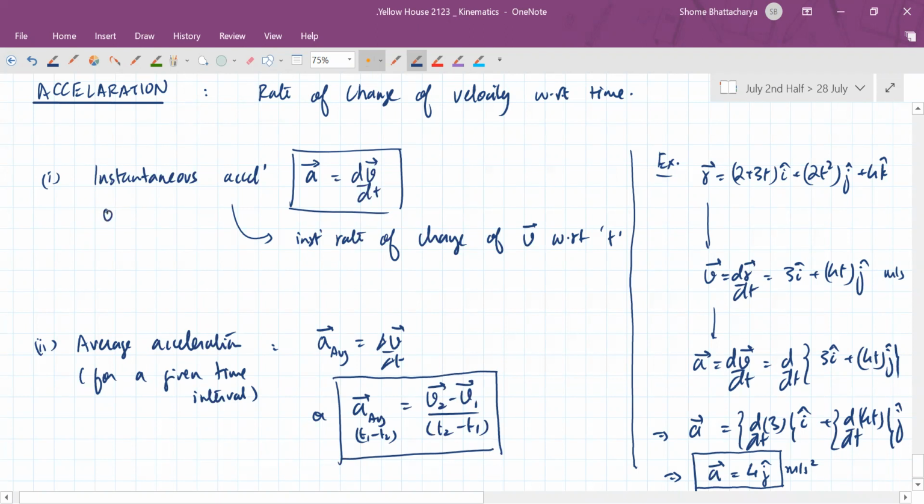Similarly, instantaneous acceleration is also the default value of acceleration. When we just use the term acceleration alone, the default meaning is that we're talking about instantaneous acceleration.